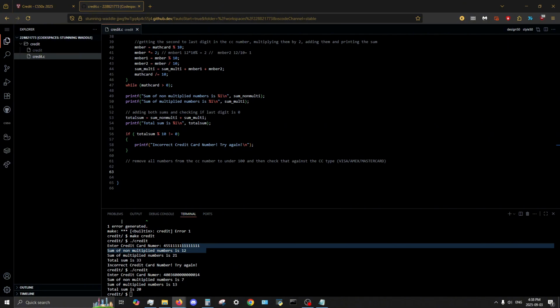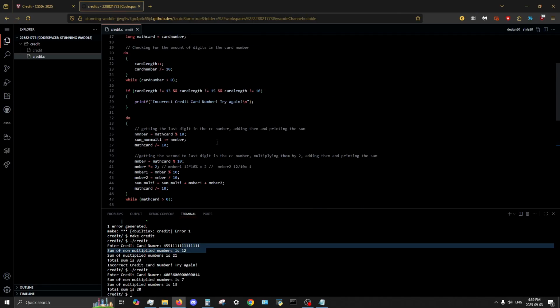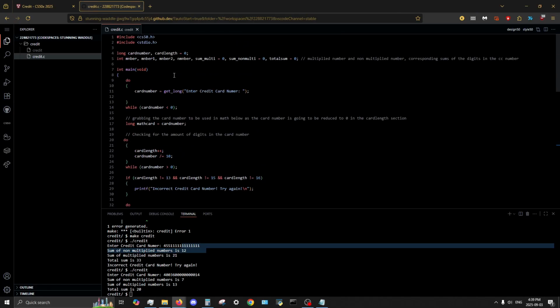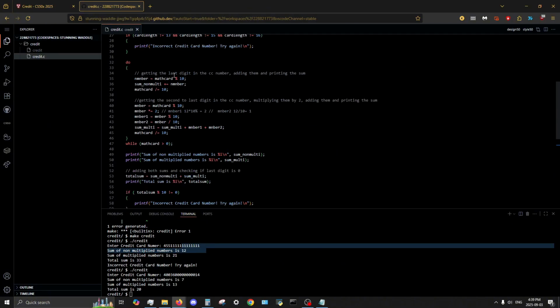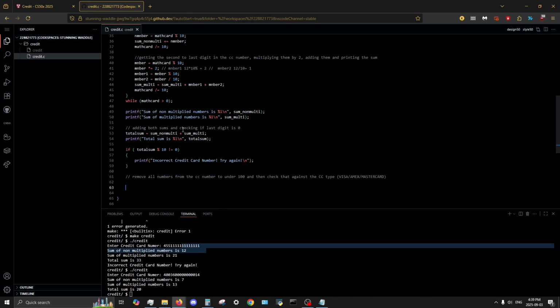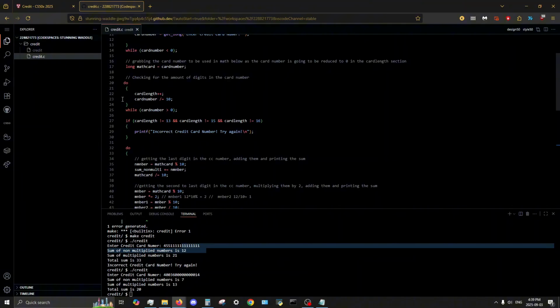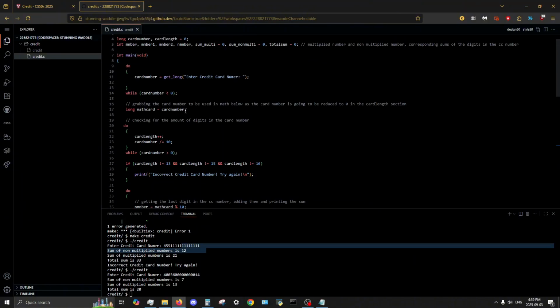Let's see. So it looks like we need to use another variable, because match card gets down to 0 here, so we can't use match card again. Card number gets down to 0 here, so we can't use card number again.